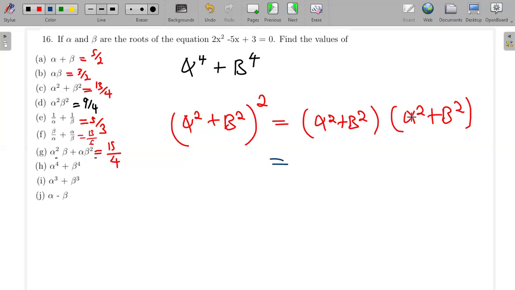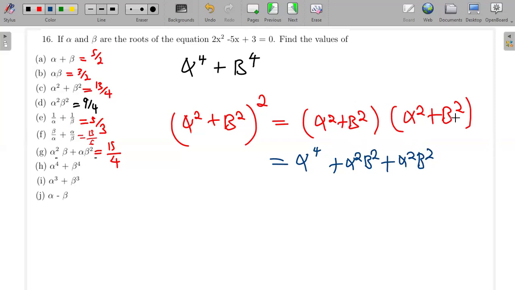So alpha squared multiplied by alpha squared would be alpha to the power 4. Alpha squared multiplied by beta squared would be plus alpha squared beta squared. Then beta squared multiplied by alpha squared, I get another alpha squared beta squared.